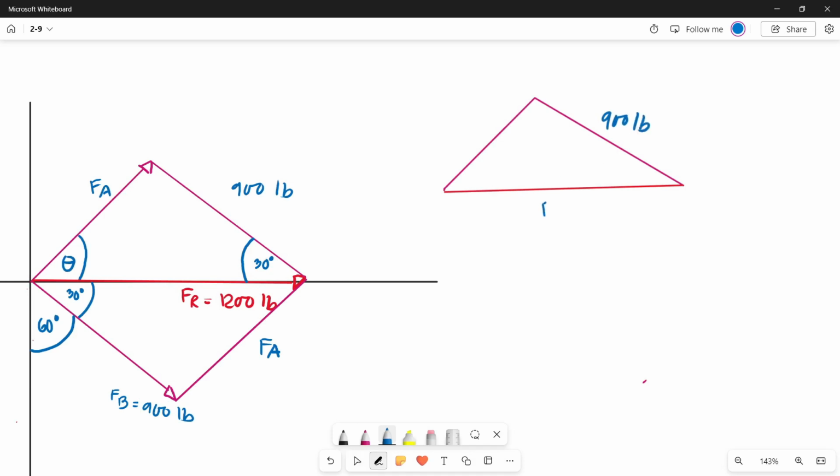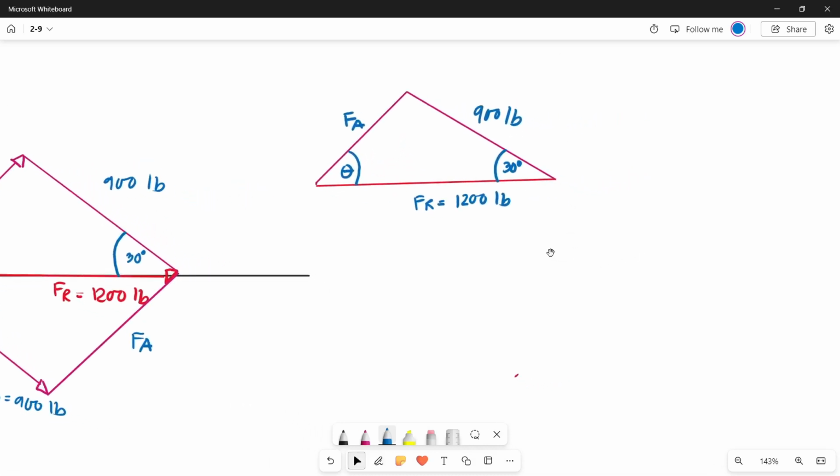And this is our resultant force right here, which is 1,200 pounds. This angle right here is 30 degrees. And this is our theta, which is our missing. And this line right here is our force A, which is also missing.